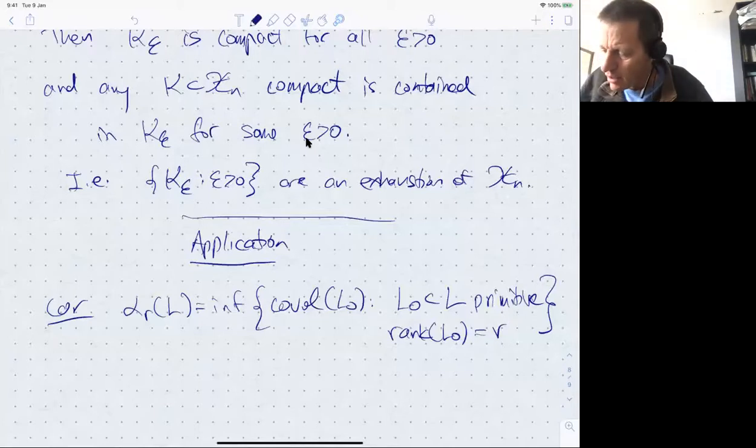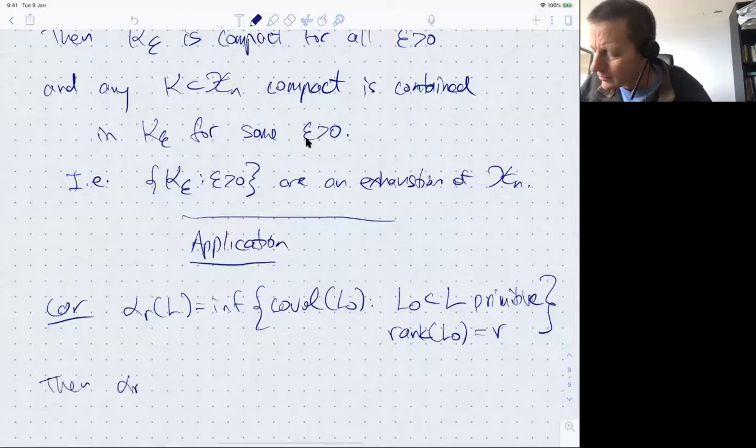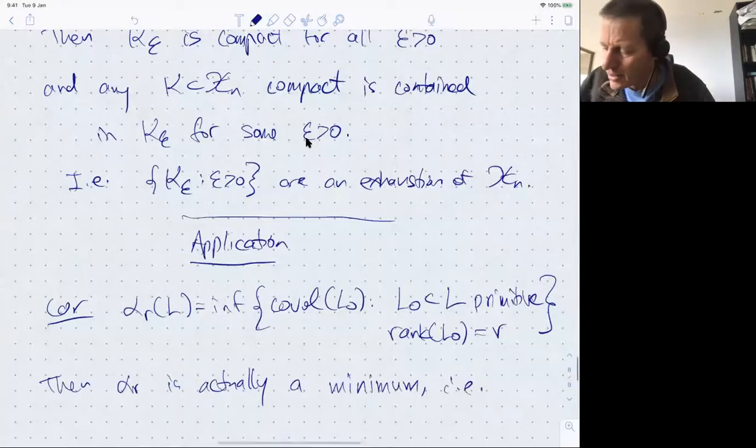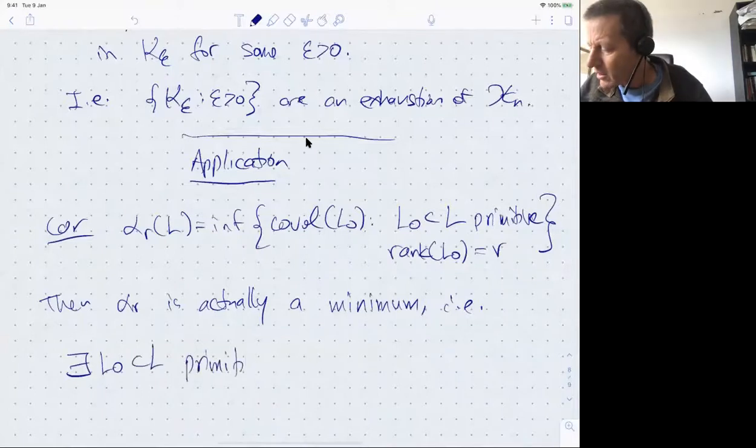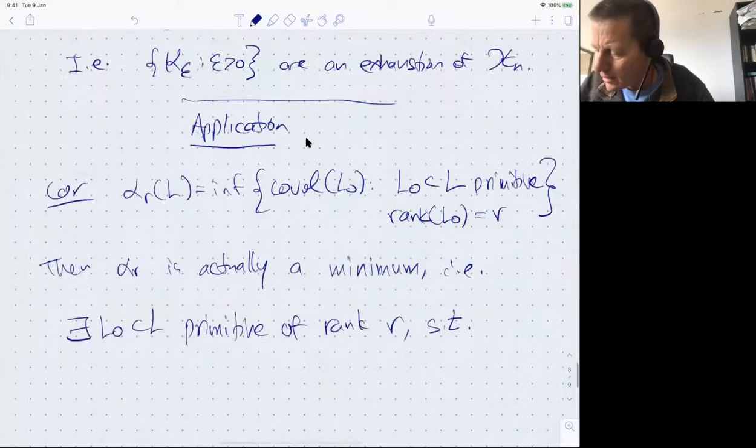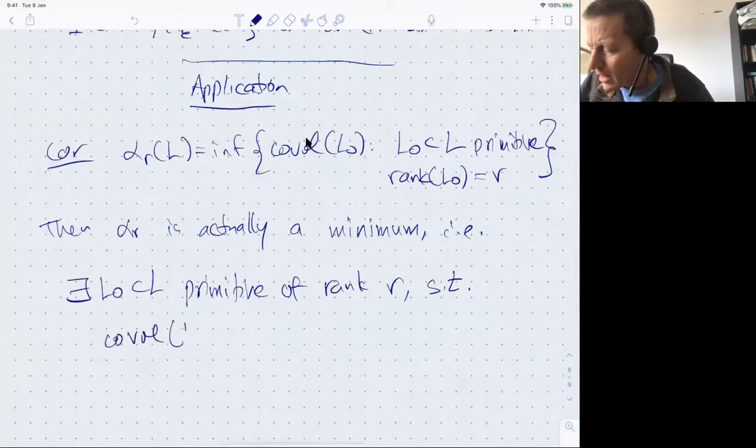So the corollary is that there exists a minimizer here: there exists L0 in L, primitive of rank R, such that the co-volume of L0 is alpha R of L.